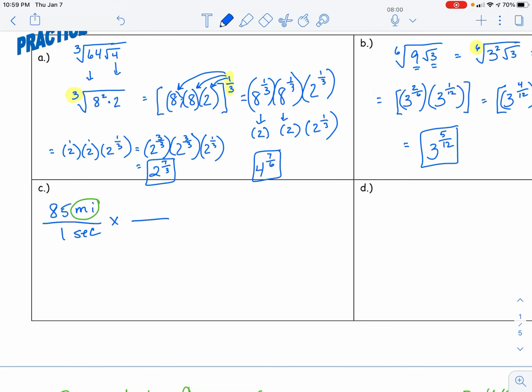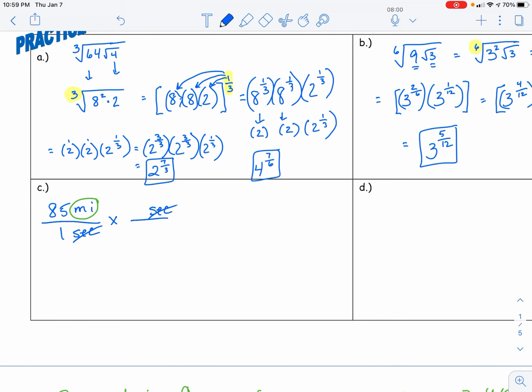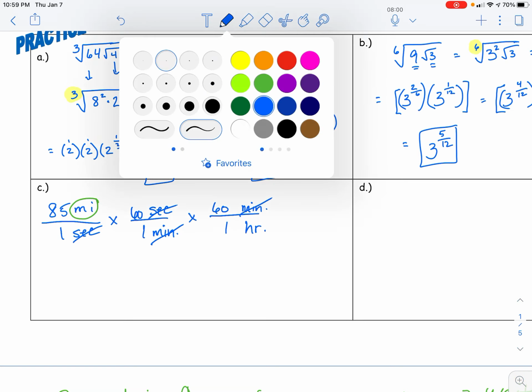So now we just have to worry about converting the time. We know we need seconds up here, so I can cancel those out. So I'm going to use 1 minute to 60 seconds. And then I can put minutes up here. And I'm trying to go to hours, remember? So we want hours on the bottom here, so 60 minutes to 1 hour, and we can cross those out.